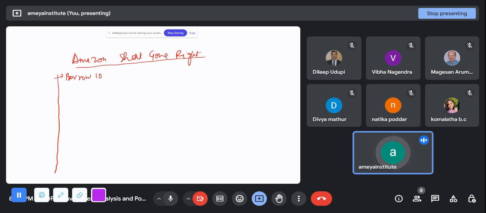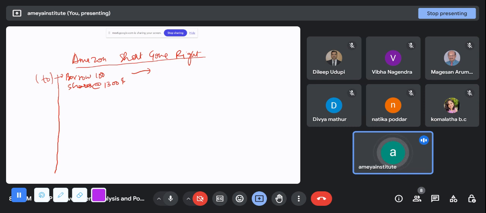Let's say I'm borrowing 100 shares of Amazon at today's price, $1,300, right? This is your T naught. Today I will borrow 100 shares of Amazon at $1,300. So what is my total investment in Amazon now?